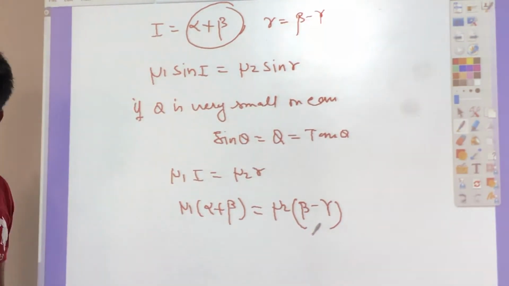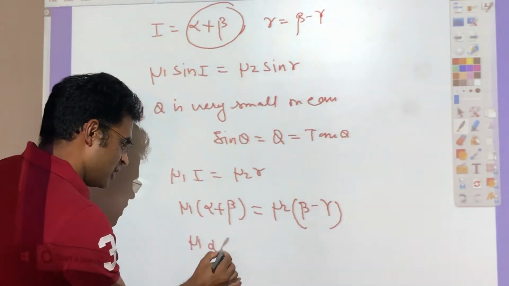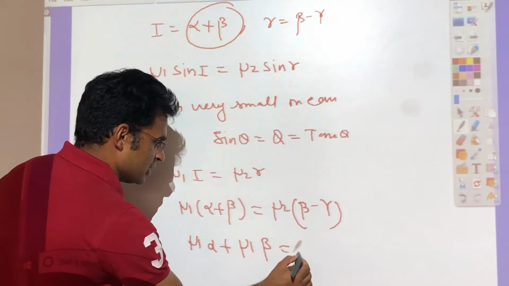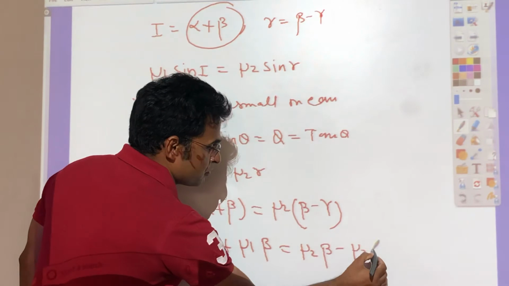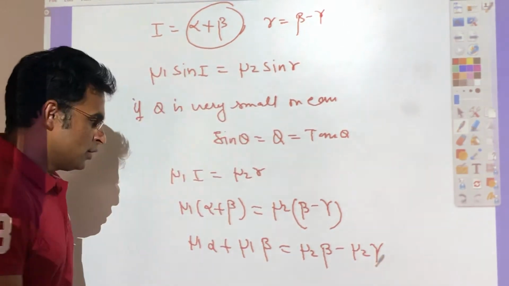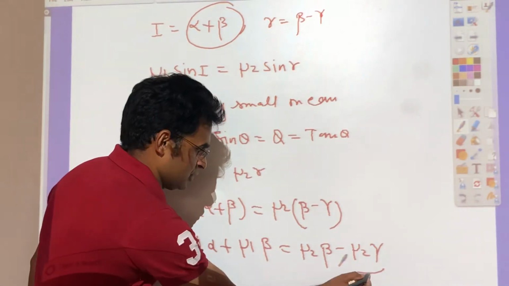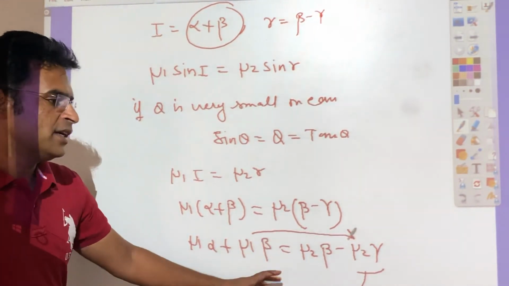Now if I simplify this equation a bit, finally mu1 into alpha plus mu1 into beta is equal to mu2 into beta minus mu2 into gamma. Now this mu2 gamma term I'll take to the left side, and this one I'll take to the right side. So I rearrange this.